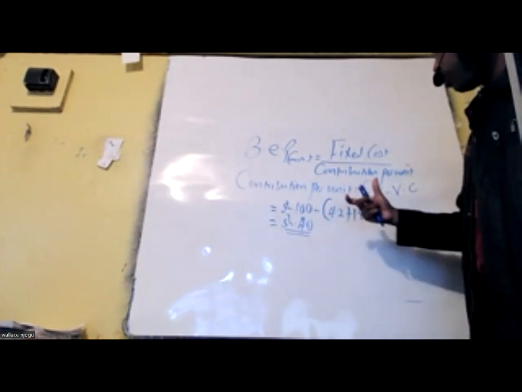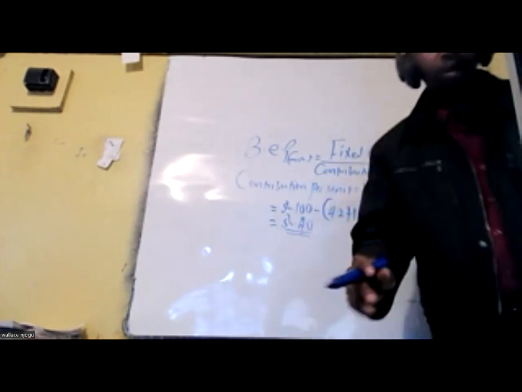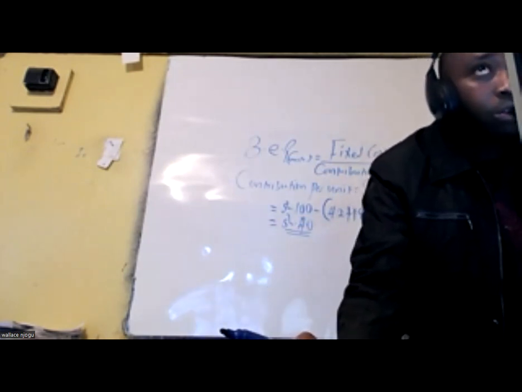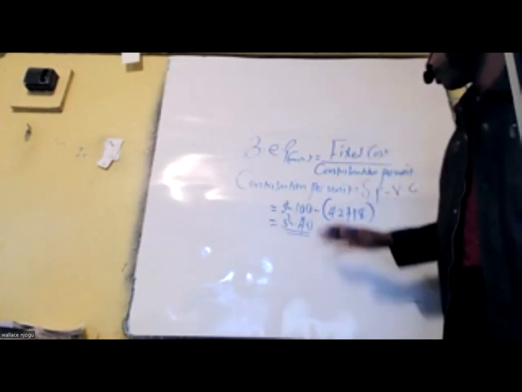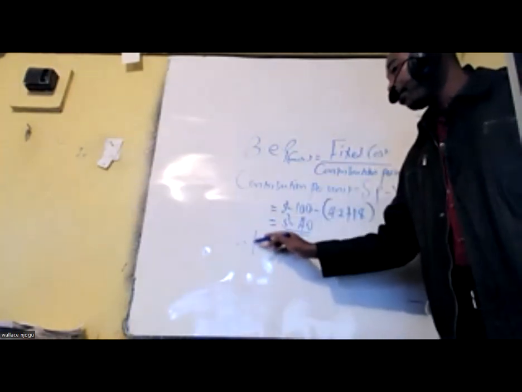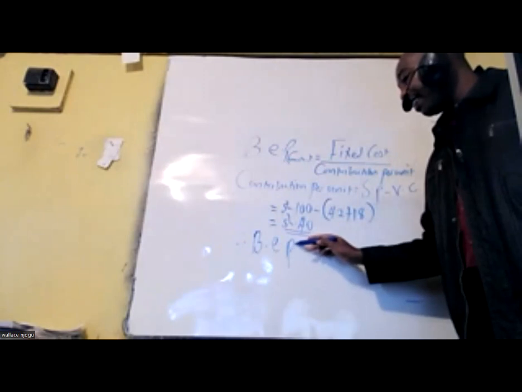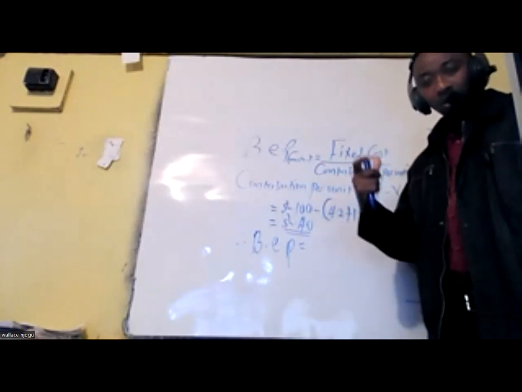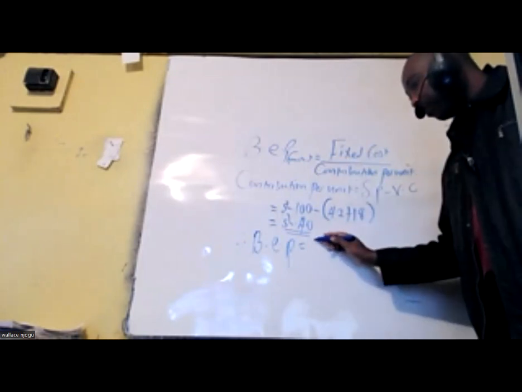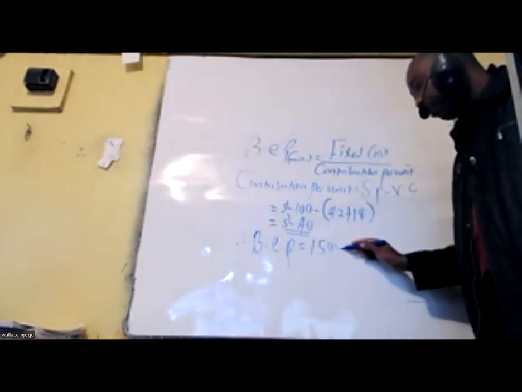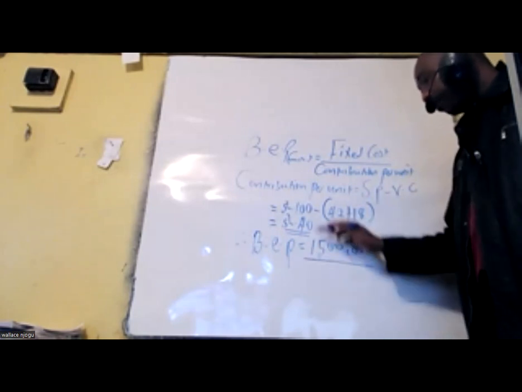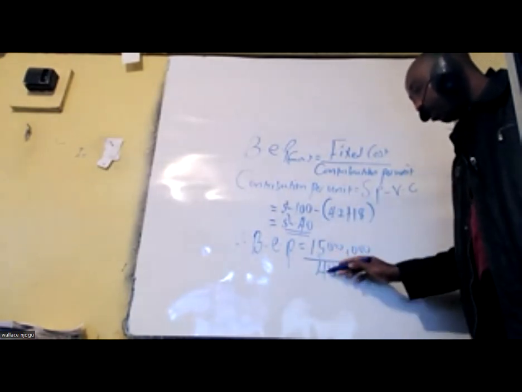So once we get the contribution per unit, therefore we can comfortably compute the break-even point. So break-even point is equal to the fixed cost given in note number 3. Fixed cost is 1.5 million. We divide by shillings 40.